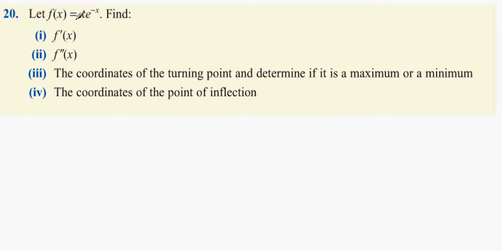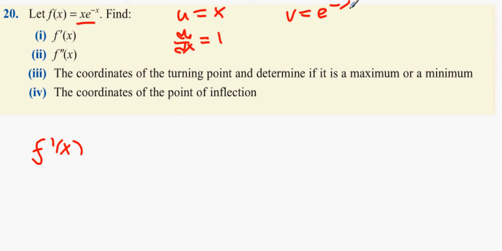This one here. f of x equals x e to the power of minus x. Find the first derivative. Okay, so the first derivative, we're going to do using the product rule. u equals x, du/dx equals 1, v equals e to the minus x, and dv/dx equals, remember, this remains unchanged, so what you're doing is the power goes in, and what you need to do is differentiate the power of e to the minus x.